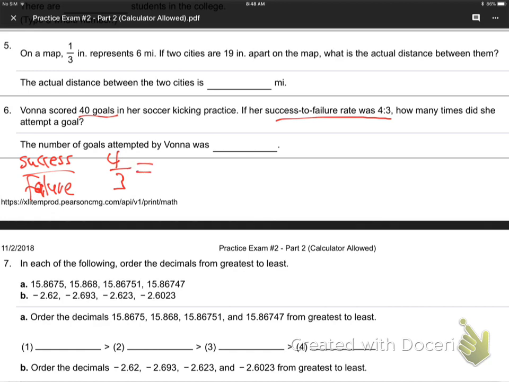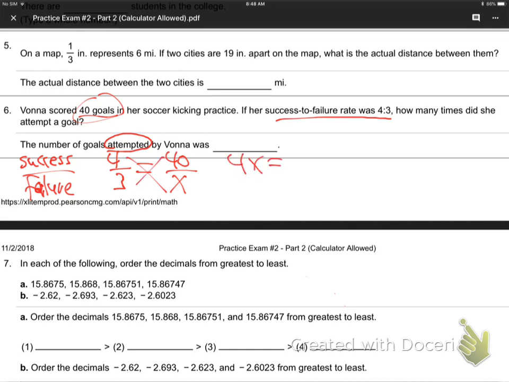Success to failure is 4-3. She scored 40, so if that's success, right? Then down here I can get failure. I mean, you could do that. That'd be fine. But notice they're not asking for failure. They're asking for attempted. That's different. Attempted means some success, some failure. It means success and failure added together, doesn't it? If I solve this right now, I'm going to get failure. Well, let's just go ahead and keep going.